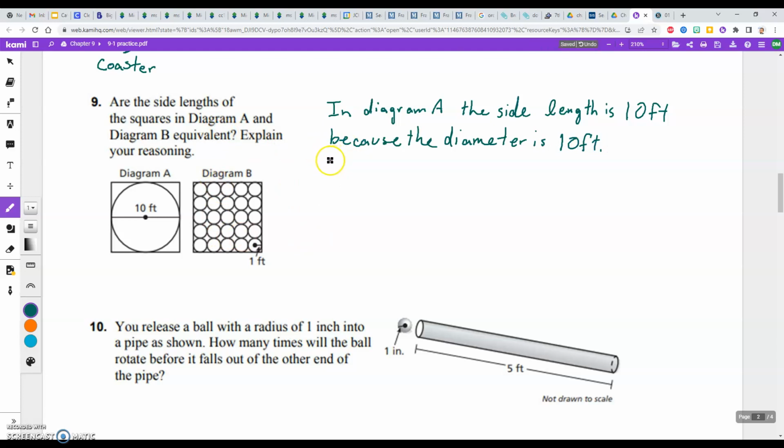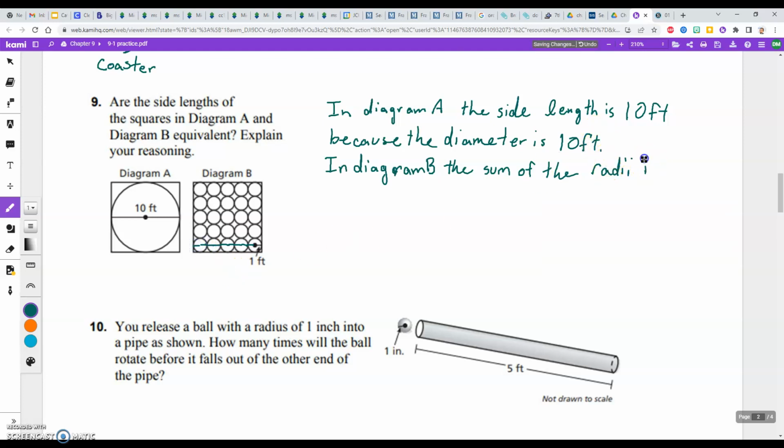Then we're saying in diagram B, the sum of the radii. Let's find out about that. If we look here, we've got 1 radius here, 2 radius over here, meaning that each circle has a 2-foot diameter. So we have 1, 2, 3, 4, 5, 6, 7, 8, 9, 10.